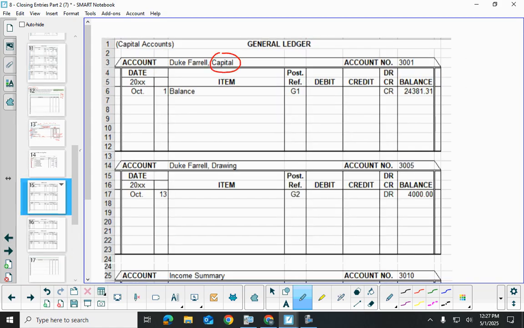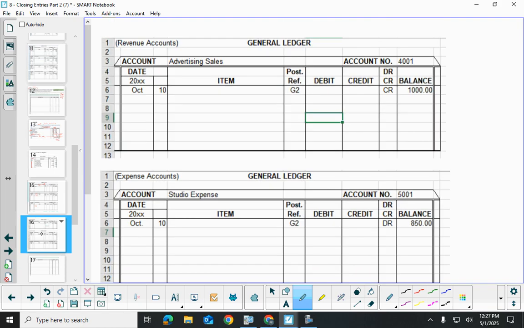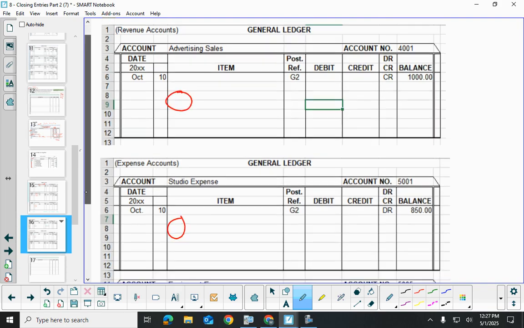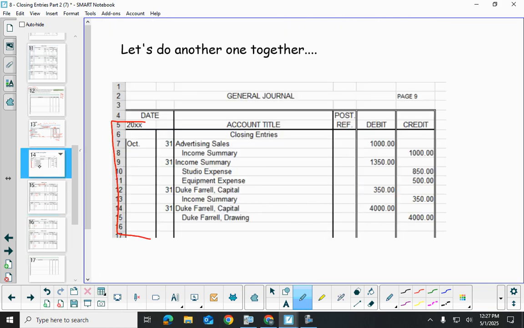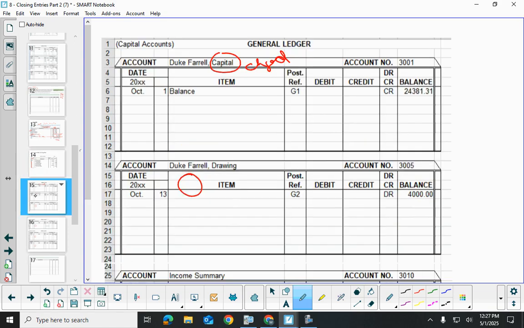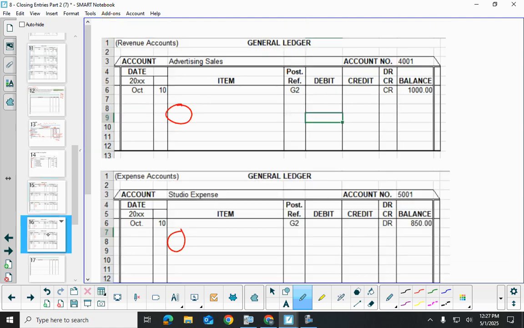If the capital is changed, drawings will be 0. Income summary will be 0. Revenue and expenses will all be 0. So if you have taken this information and put it into the ledgers correctly, capital will be a new number, but everything else, revenues and expenses, will all be 0.